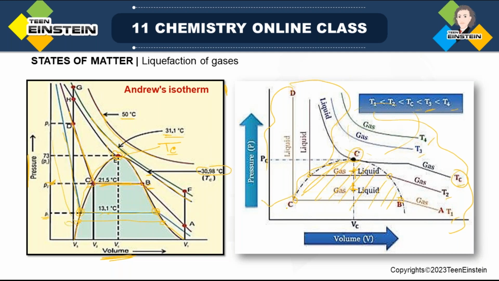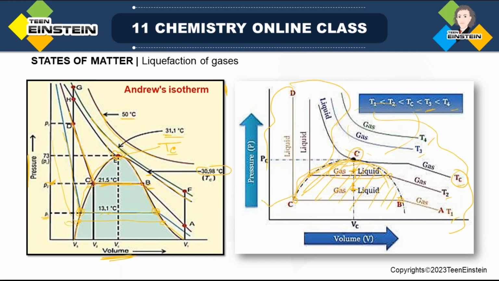Only when you are in this dome shape region, because here gas and liquid, they are coexisting, and you can say they are as if in equilibrium. That is a clear line. Gas is converted to liquid, liquid is converted to gas simultaneously. So this is the region where liquefaction is possible. So in other regions of this curve, liquefaction is not possible.